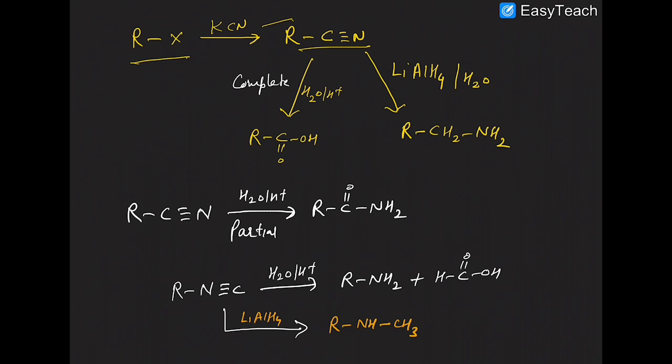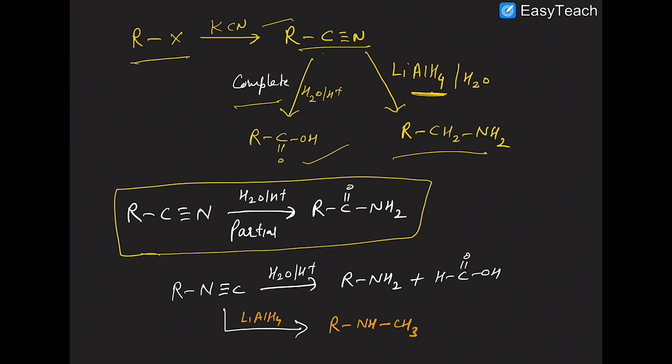So if you take RCN and use lithium aluminum hydride, it will completely transform into a primary amine. But if you take water and completely hydrolyze it, then you have the formation of carboxylic acid. If partial hydrolysis is done, then you have the formation of amide, that is acid amide.